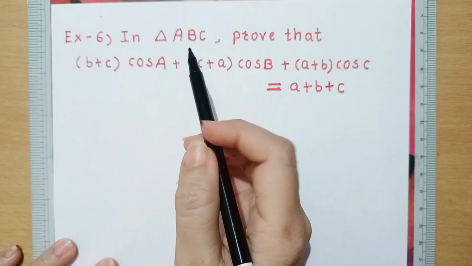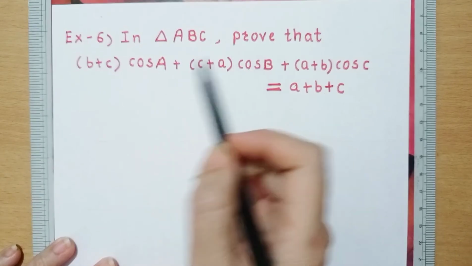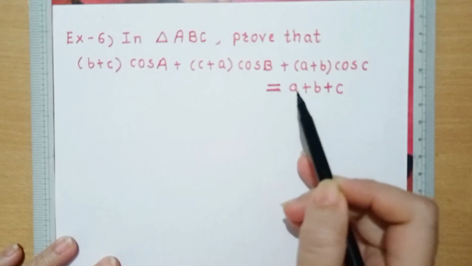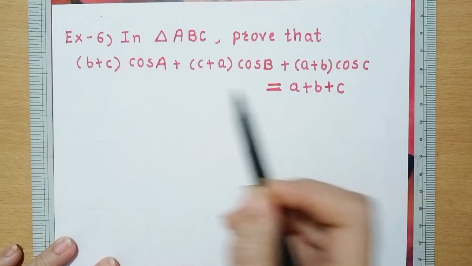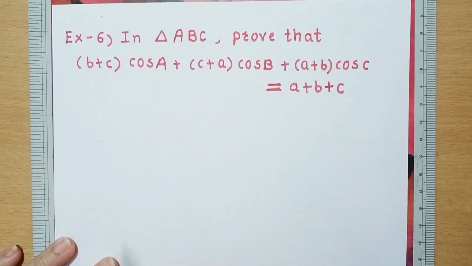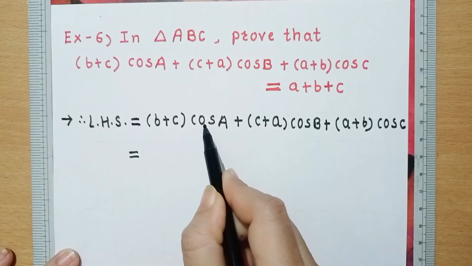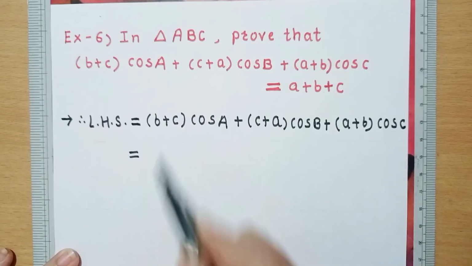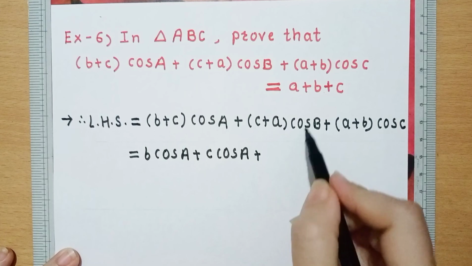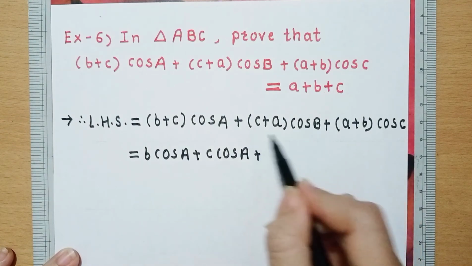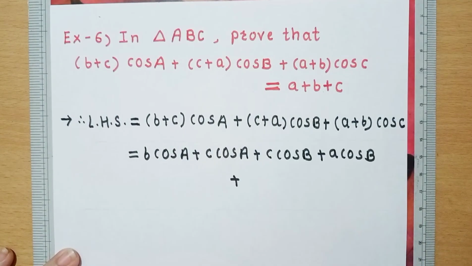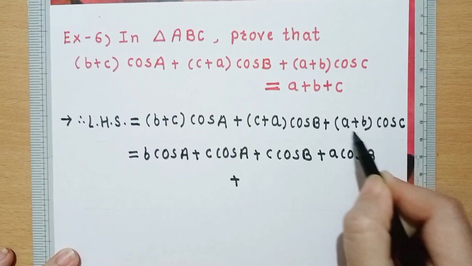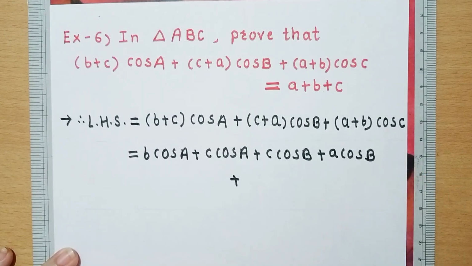Let's solve this example, and here we have to prove this is equal to a plus b plus c. So again we will start from LHS. Multiply cos a separately to b and c. Also multiply cos b separately here, and multiply cos c separately here.